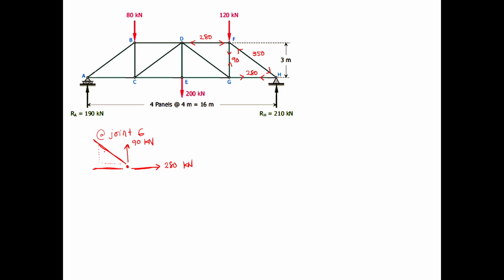We have 90 going up, so obviously this should be going down. Since it's going down, this one is towards the joint. The behavior of your force DG is in compression, because the vertical component of the member DG tends to counteract the 90 tension load.